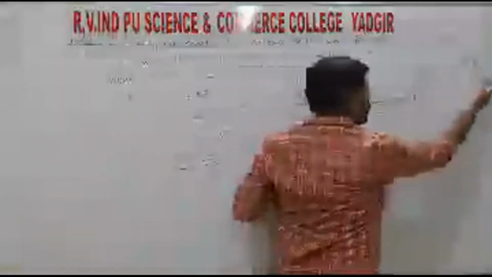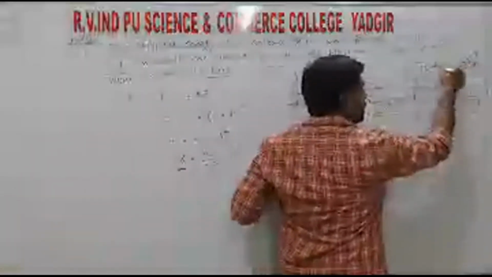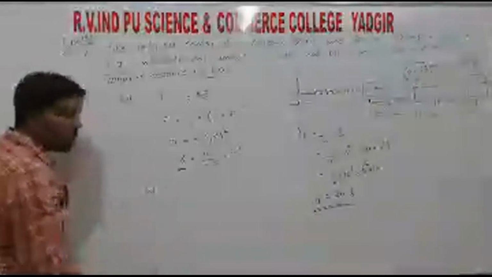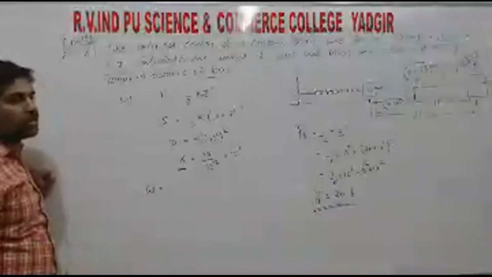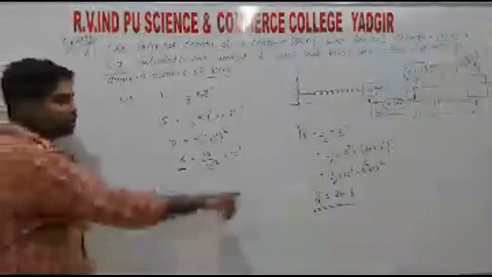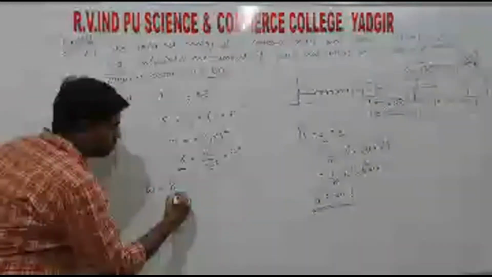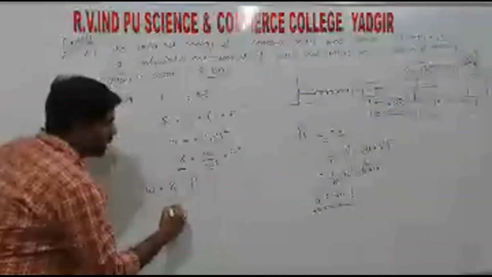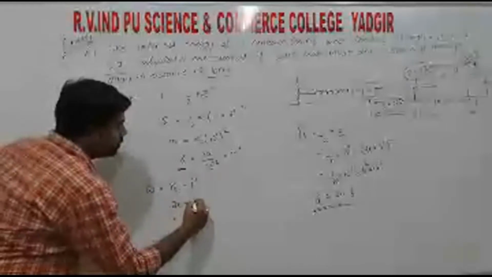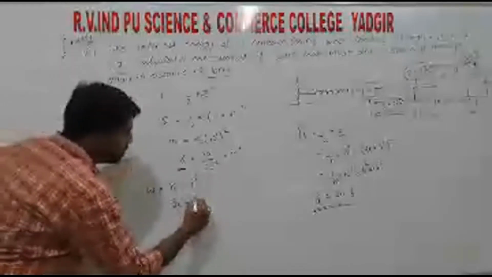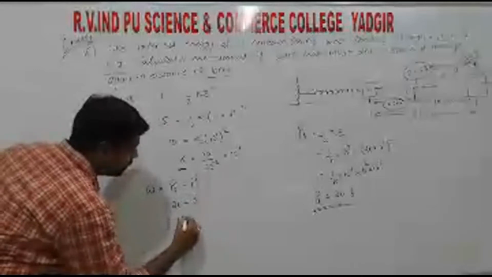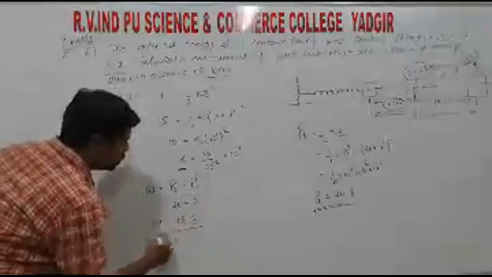So what we need to calculate is the work done, from initial to final. From the work energy theorem, work done is equal to change in either kinetic energy or change in potential energy. Since we found potential energy here, Pf minus Pi is 20 minus 5, so work done is 15 joules.